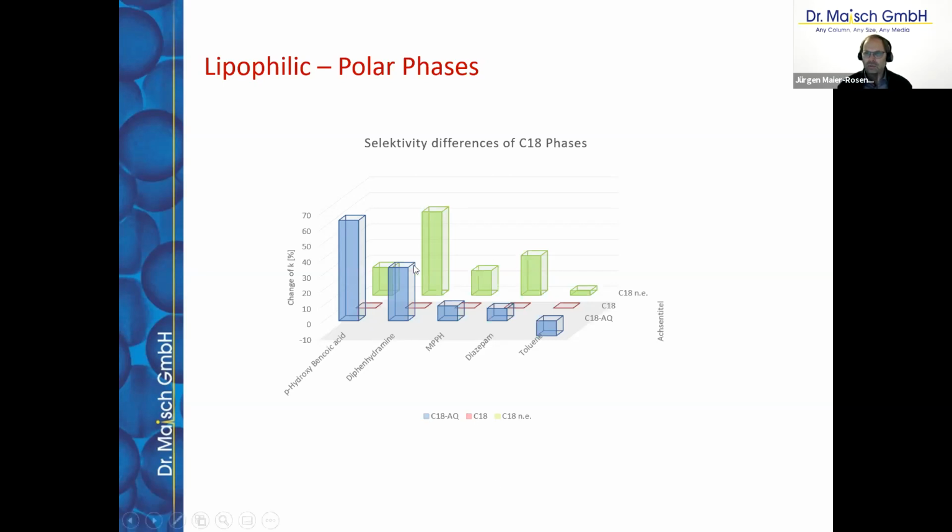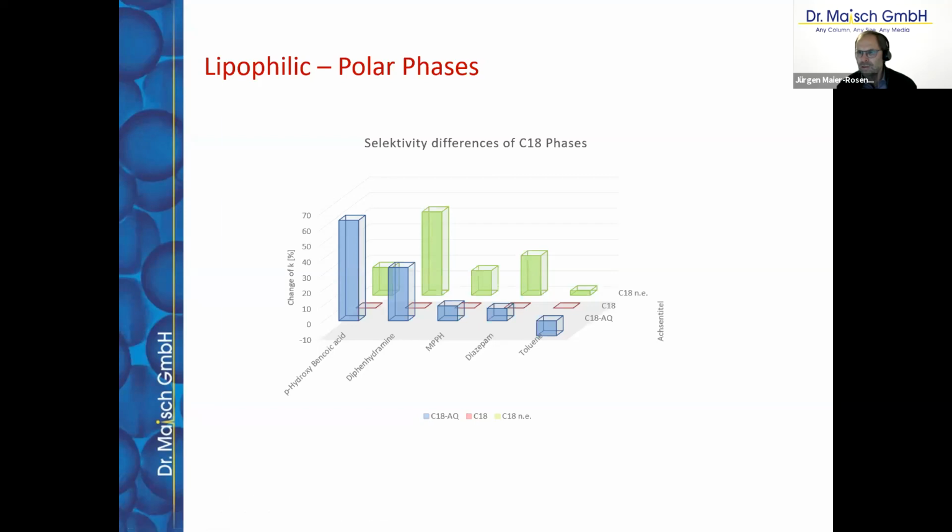Looking at the AQ type, we see that the most polar compound has the highest additional interactions. And as we go to increasing hydrophobic character of the compound, the interactions go lower. If we go to the toluene, the interactions go to negative values, because the interaction with the hydrophobic molecule is lower.